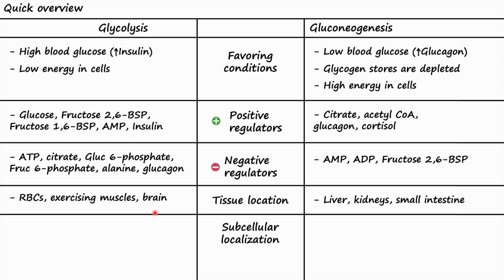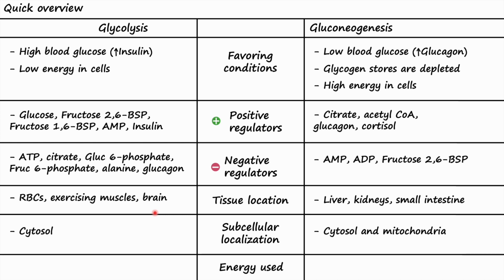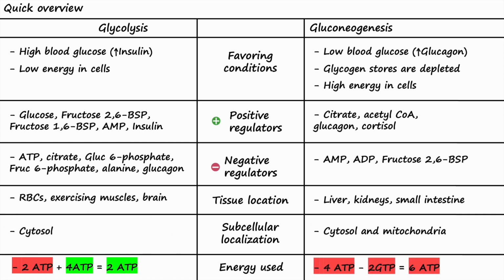Subcellular localization: glycolysis takes place only in the cytosol, whereas gluconeogenesis takes place in both cytosol and mitochondria. Energy used and consumed: glycolysis actually synthesizes 2 molecules of ATP, whereas gluconeogenesis does not synthesize any. However, it actually consumes 6 molecules of ATP, so it is a very expensive process.